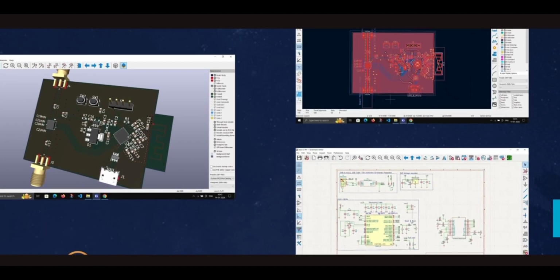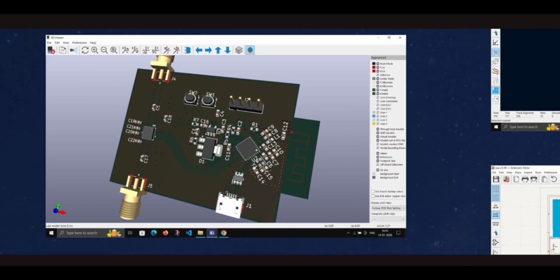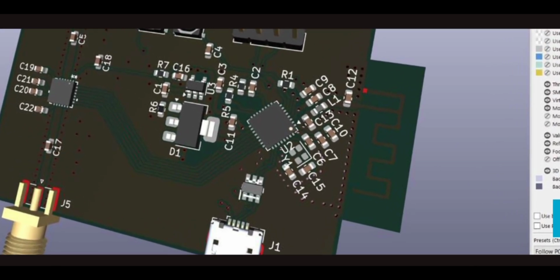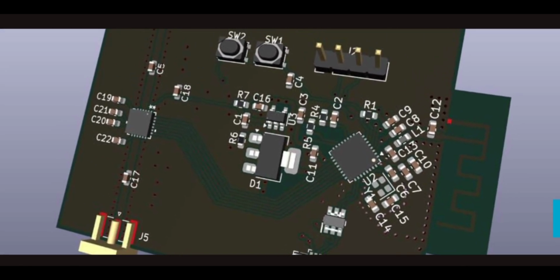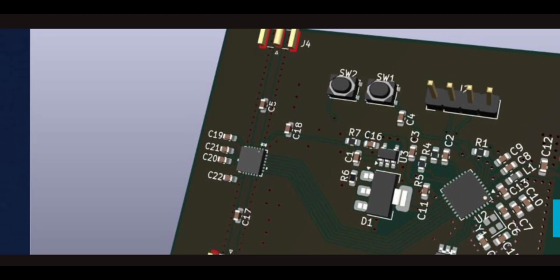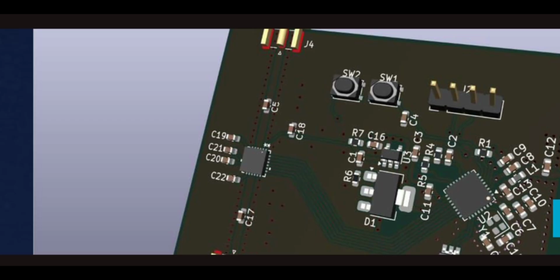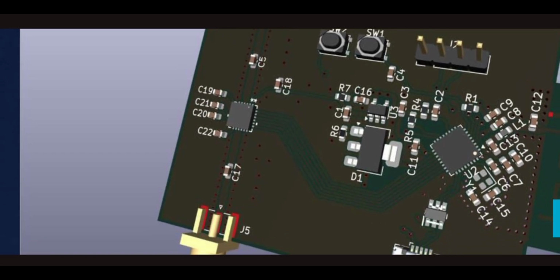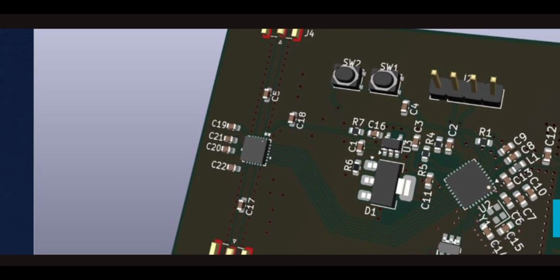I can create a zoom here. You can see there are 4 different pins coming out from this one. If you Google this digital attenuator, you will definitely find how it works.